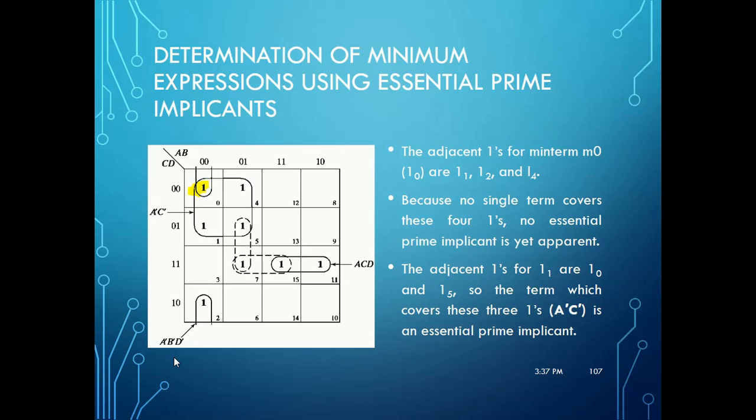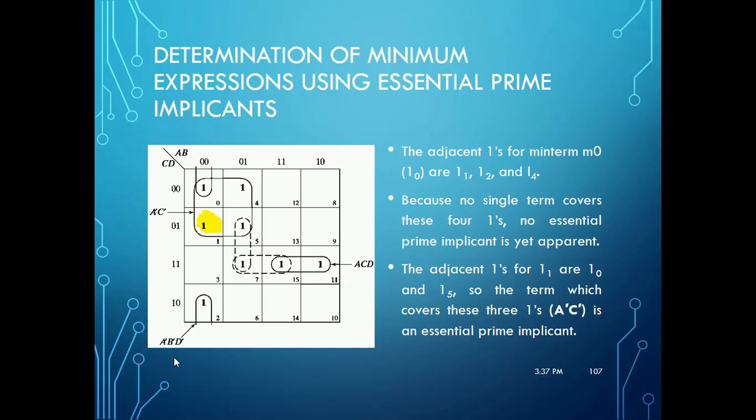The next term you consider, let us take one more term, for example M1 here. The adjacent ones for M1 are M0 and M5.